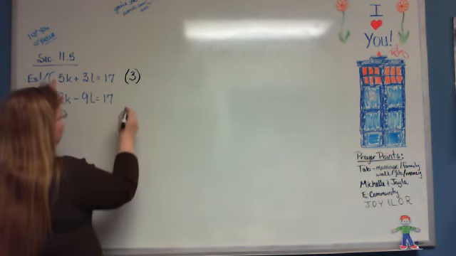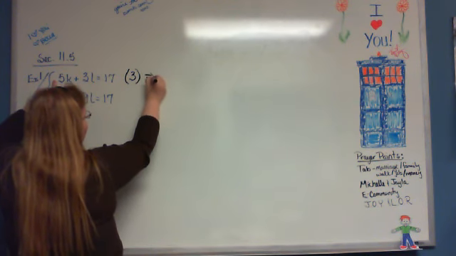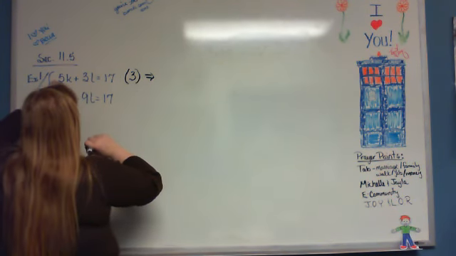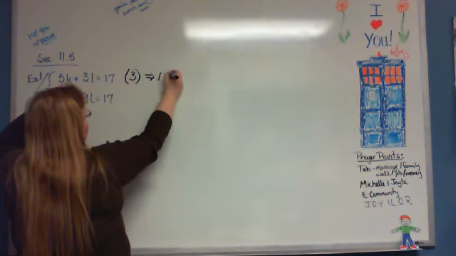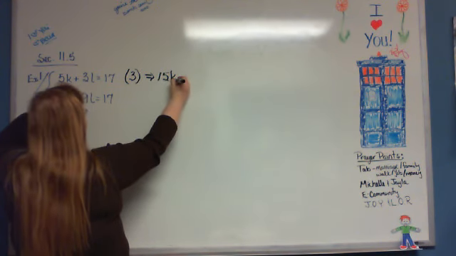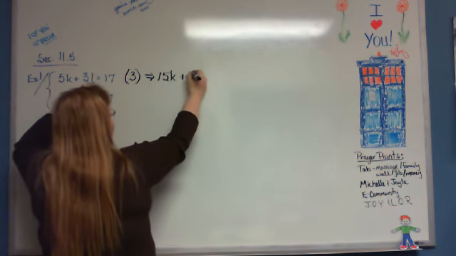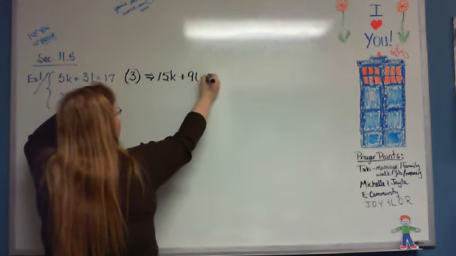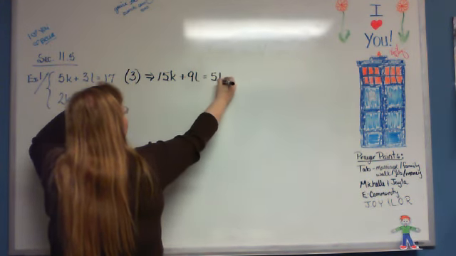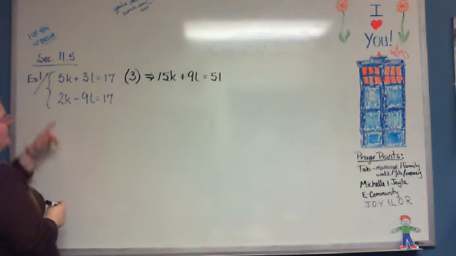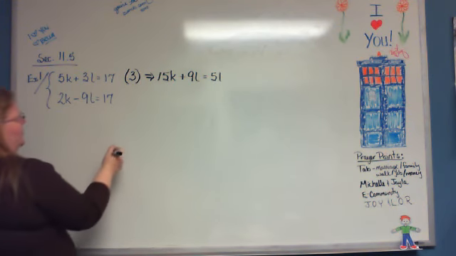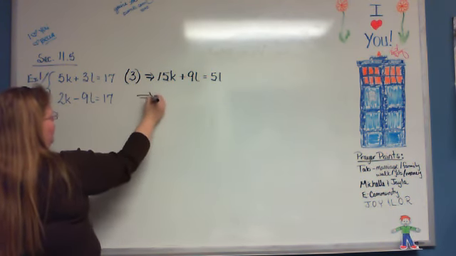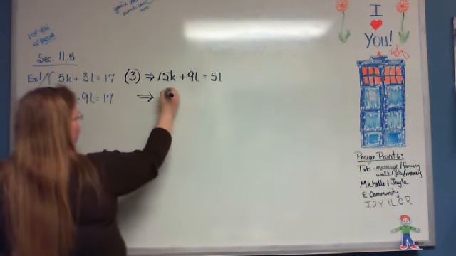So that means this will become, that's what that little arrow means, becomes 5 times 3 is 15k plus 9l equals 51. This one I'm not going to mess with. So I'm just going to move it over.